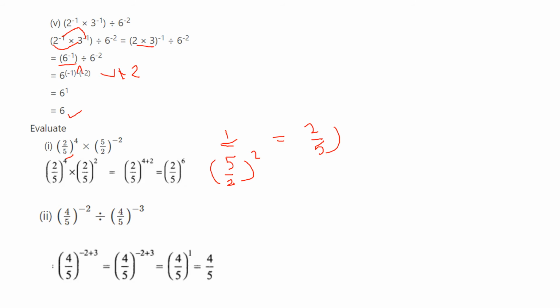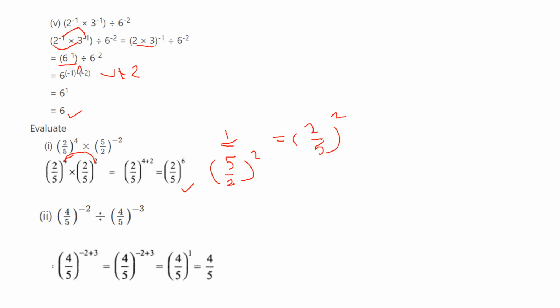So you put 2 by 5 whole square there. So here you see base equal now. So base equal means power you can add. That identity a to the power m into a to the power n equal to a to the power m plus n. So 4 plus 2, 2 by 5 whole to the power 6 is the answer.